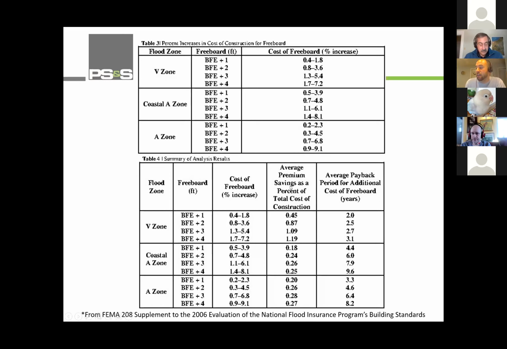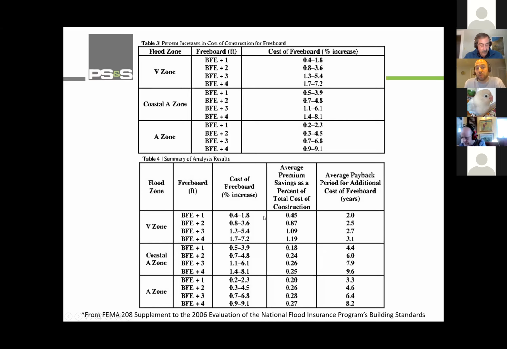They had added a column here for the savings that you would accrue from reduction in flood insurance. And the last column here to the right is what would be the average payback period in order to recoup from how much you would pay initially. So you're paying more, but you're going to be paying less in insurance each year. So how long would it take to earn that money back?